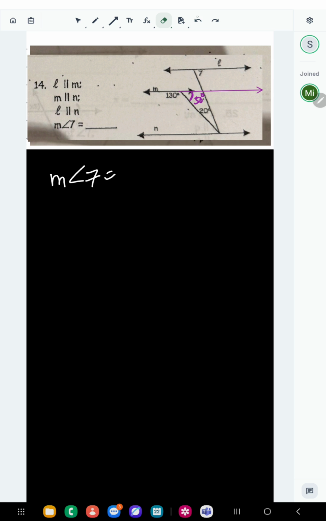We're given the two angles in a triangle, which are 50 and 20. So we add them up, that is 70, and we subtract from 180. So the remaining angle here is 110 degrees.